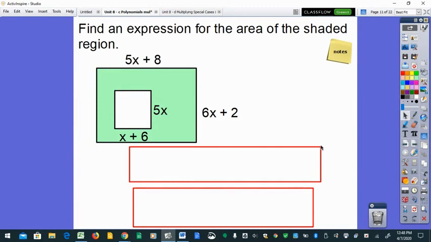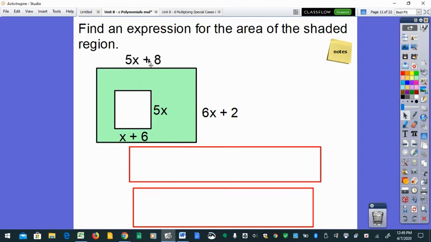Let's try one last problem, kind of giving us an idea where we might see some of this show up in geometry. We want to find the expression for the area of the shaded region. So the shaded region would be this green outer area around this white rectangle. So we have a big green rectangle that basically had a hole cut out of it that's a smaller white rectangle.